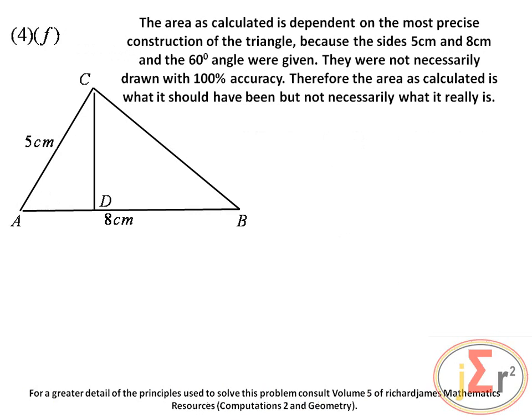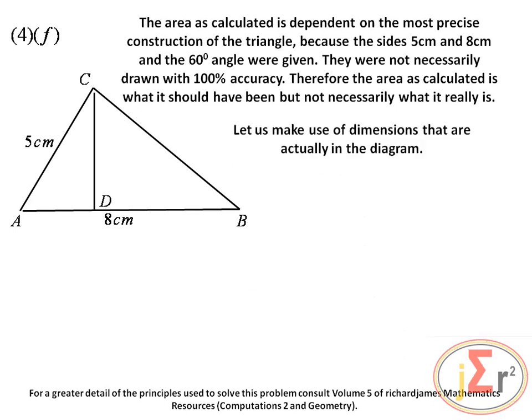The area as calculated is dependent on the most precise construction of the triangle, because the sides 5 centimeters and 8 centimeters, and the angle 60 degrees were given. They were not necessarily drawn with 100% accuracy. Therefore, the area as calculated is what it should have been, but not necessarily what it really is.